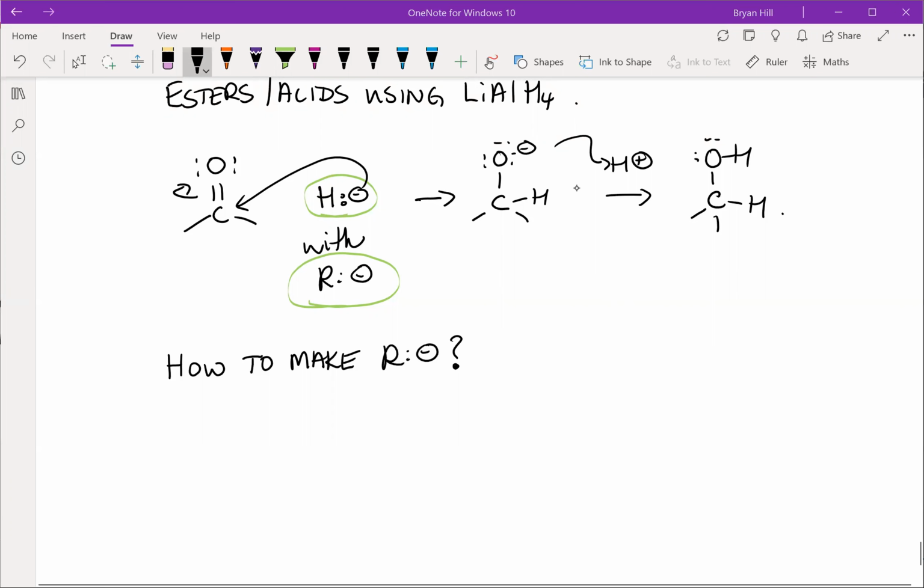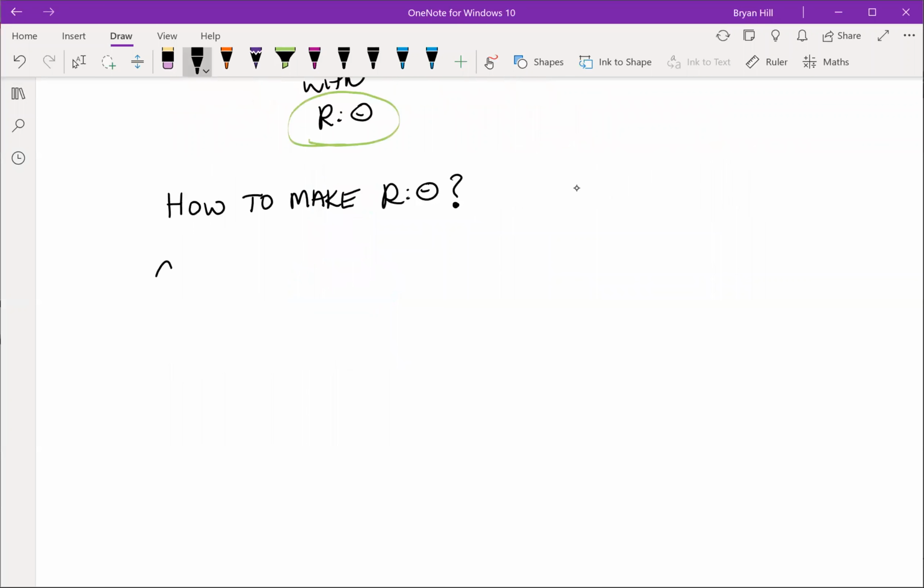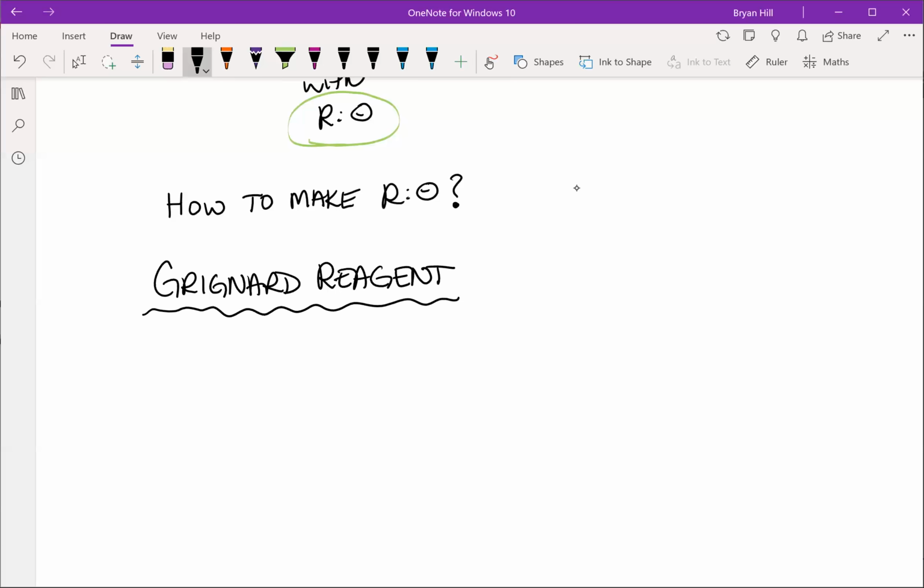Yes, that's right. Grignard reagent. Wonderful.